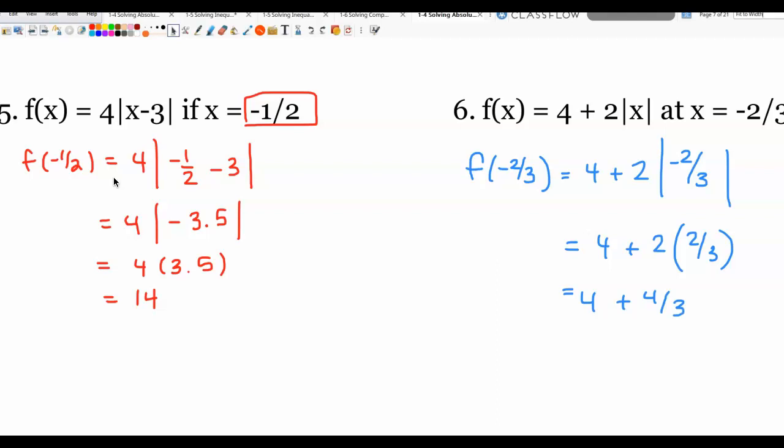So that's like 4 plus 4/3. And if you did that on your calculator, it would give you as a decimal 5.3 repeating. So you would put the repeating bar over the 3, or you can hit math, enter, enter, and it would give you the fraction 16/3.